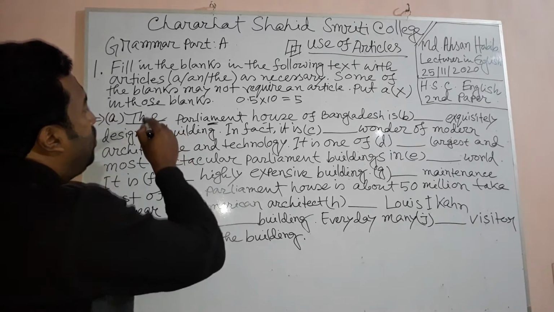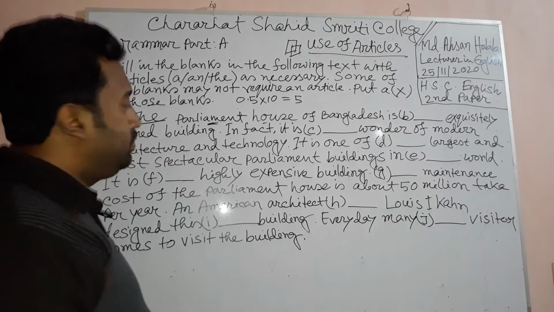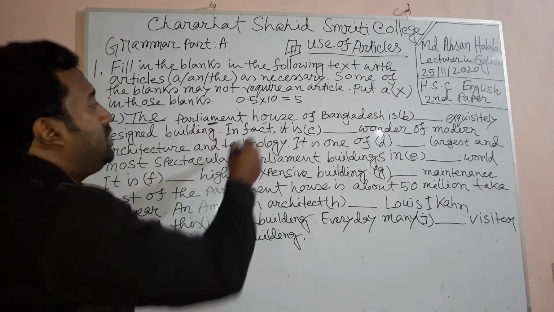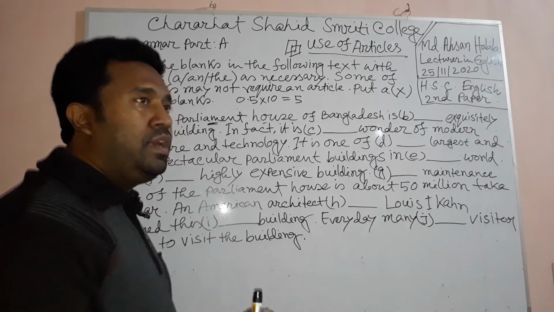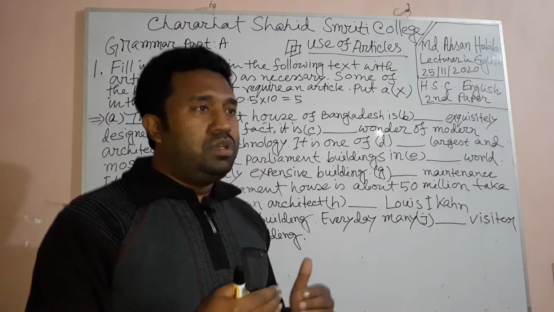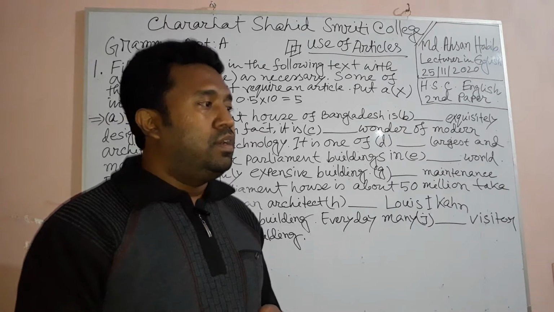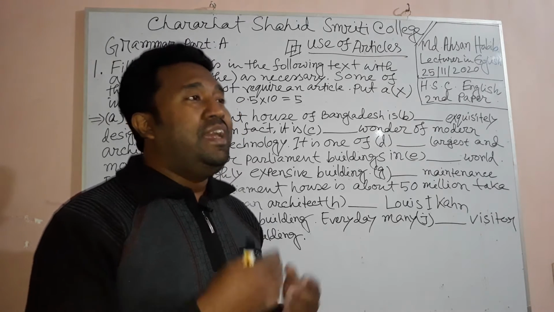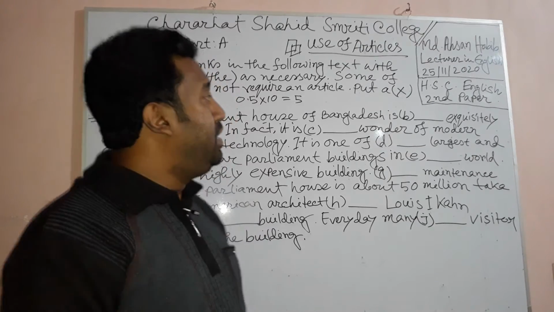So why have we written the? Because there is only one parliament house in our country, and in this way we use the before a thing of which we have only one, like the National Memorial, the Taj Mahal, or the Empire State Building.